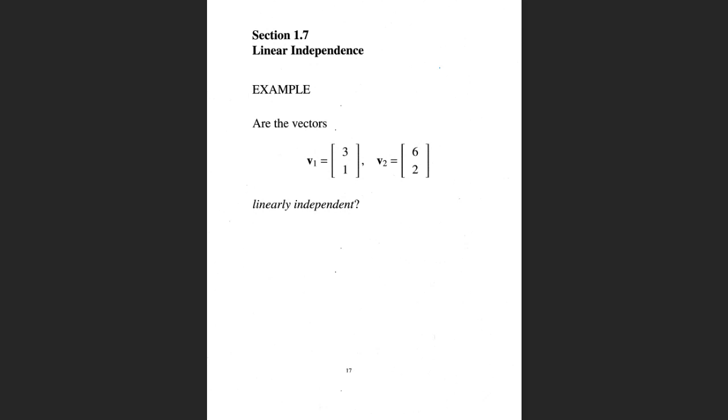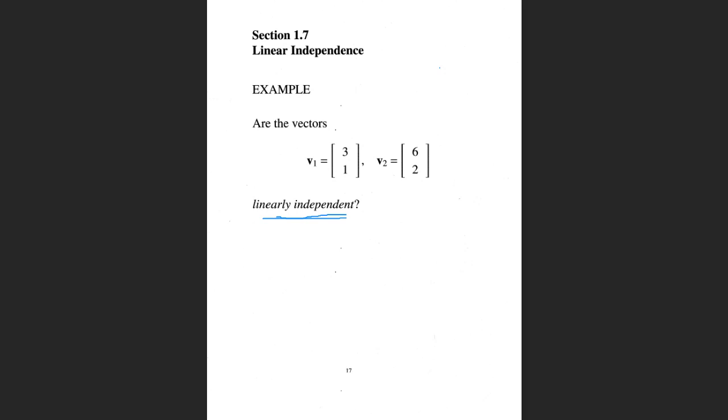Are the vectors linearly independent? What do you think? Do you think the vectors are linearly independent? Okay, so different people have different thoughts.